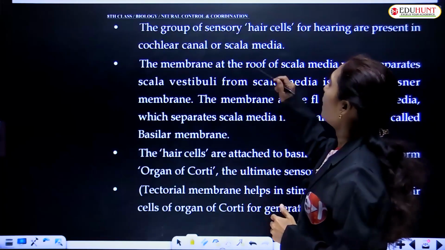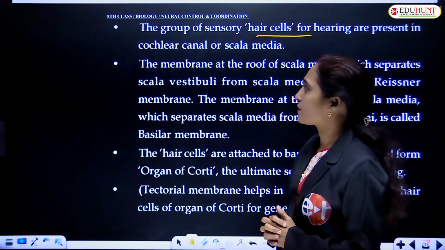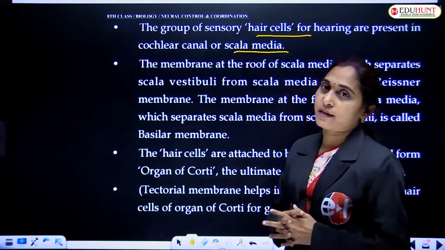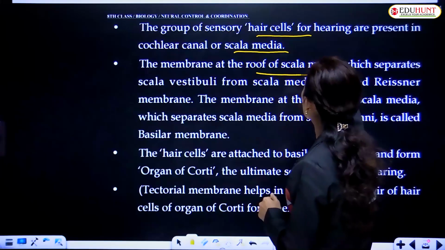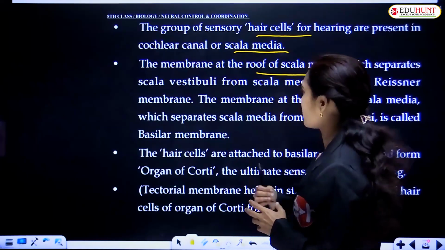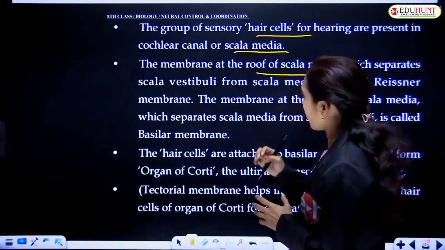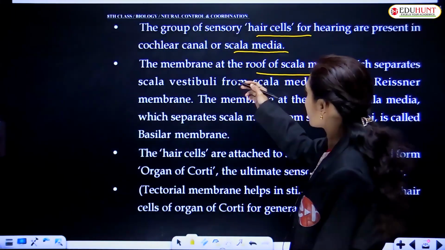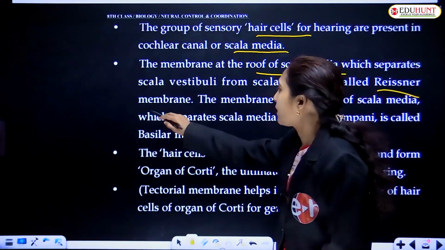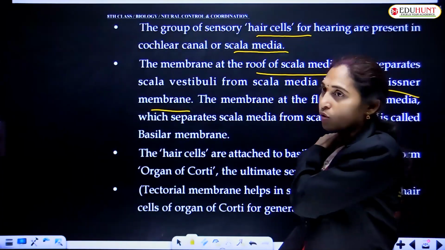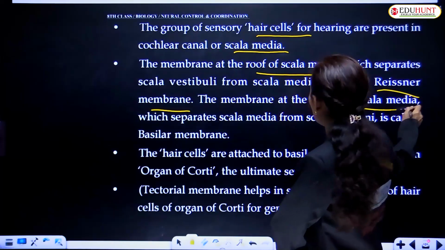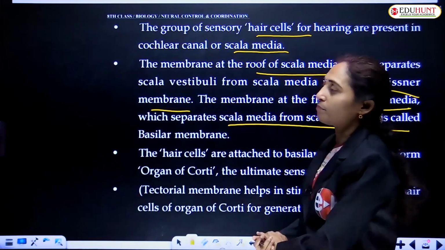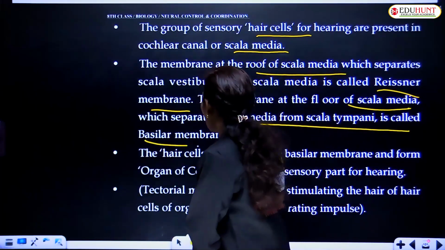The group of sensory hair cells for hearing is present in the cochlear canal, that is the scala media, the median canal. The membrane at the roof of the scala media, which separates the scala vestibuli from the scala media, is Reissner's membrane. The membrane at the floor of the scala media, which separates the scala media from the scala tympani, is called the basilar membrane.